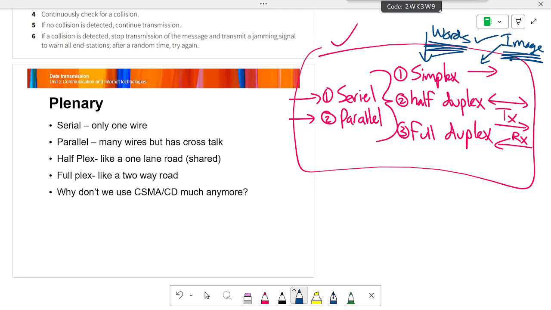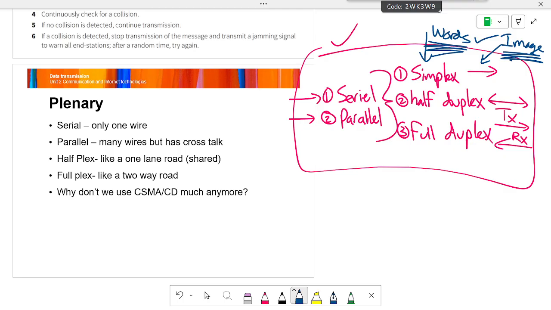So when you're studying, just write serial, write it down. And then simplex, write it down, because you will have to write those keywords on the test.